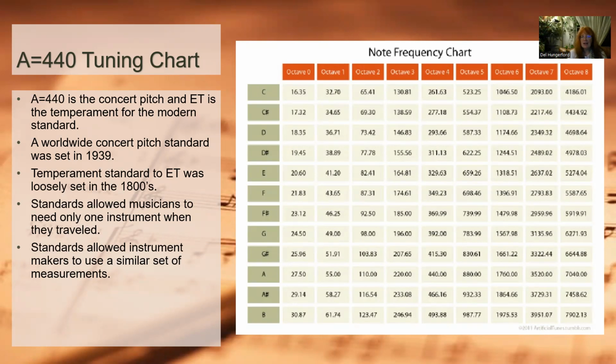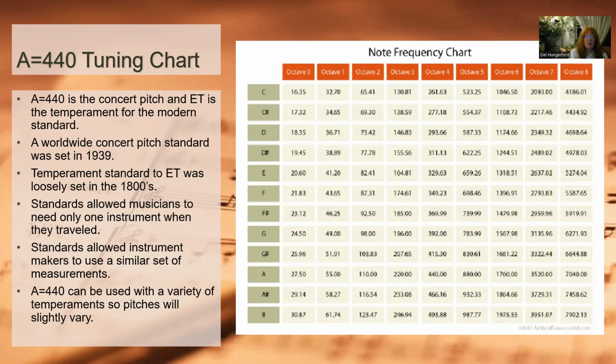Now that we've standardized it, things are much more accessible. That doesn't necessarily make music better, but there's no nefarious reason for why we have it. It came out of need and desire for performing more complicated pieces of music.